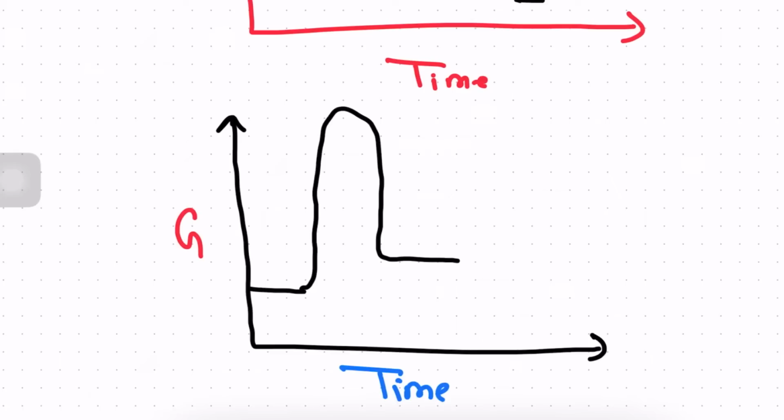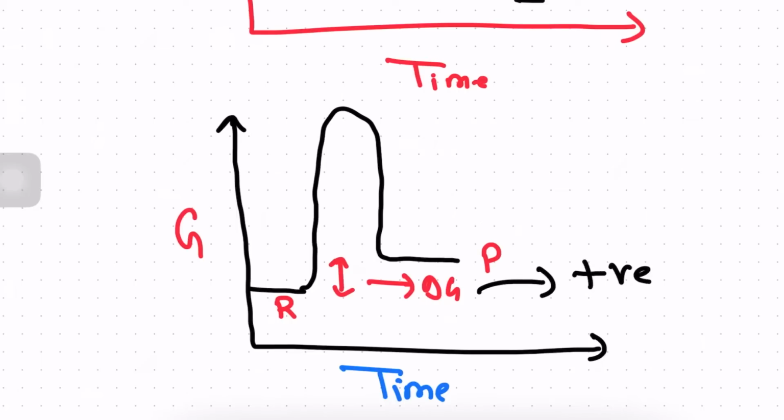Now you see this point, it will be delta G. Here your product has more free energy in comparison to the reactant. So here the value of delta G will be positive.